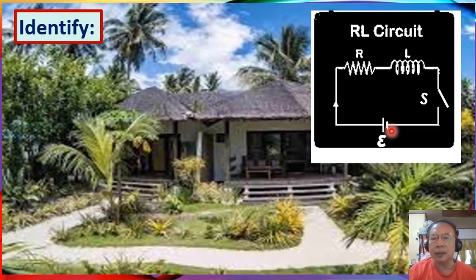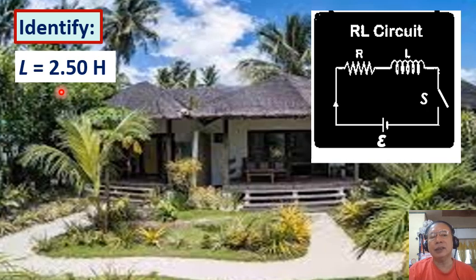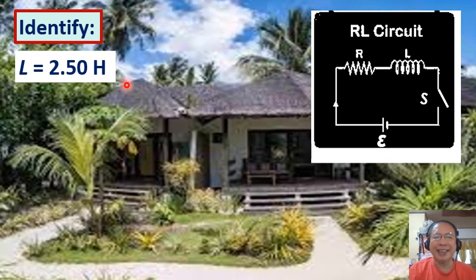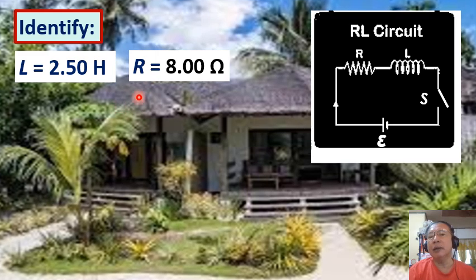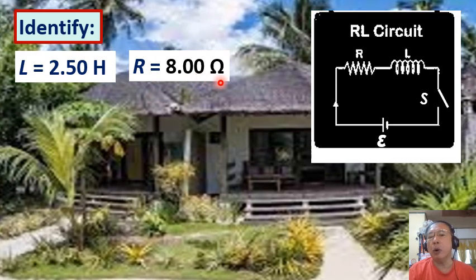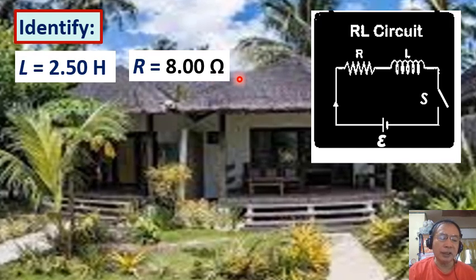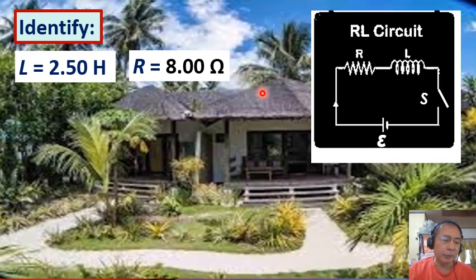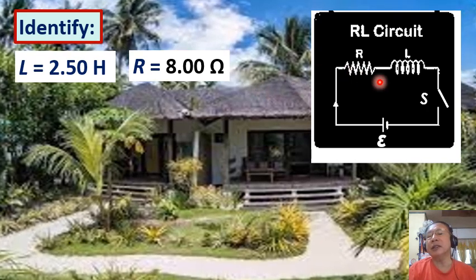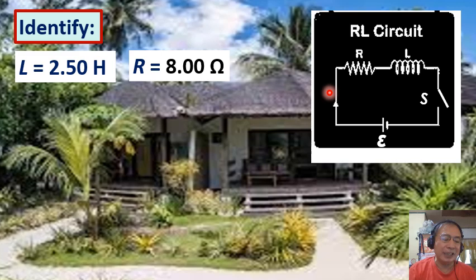And the given inductance in this circuit, denoted by capital L, is 2.50 Henry, while the given resistance, big R, equals 8.00 ohms. Now, the coil is an ideal inductor, meaning we consider the internal resistance in the coil to be negligible.